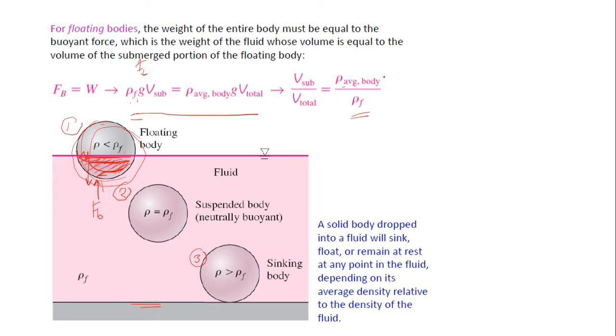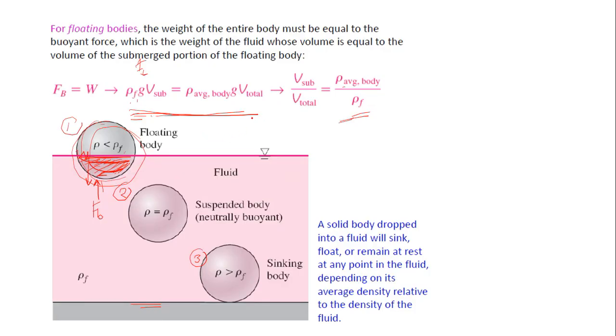This is helpful whenever you want to solve any question. You must remember this. It is easily understood, because FB equals W, and you know rho g V. So that's the theory.